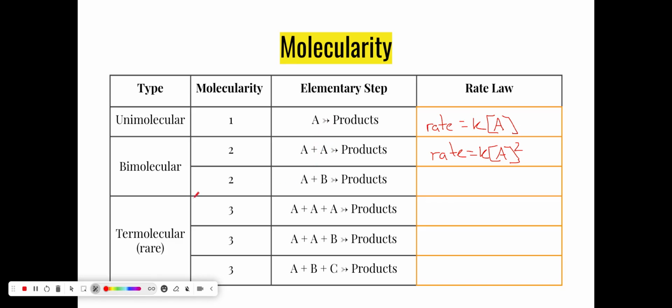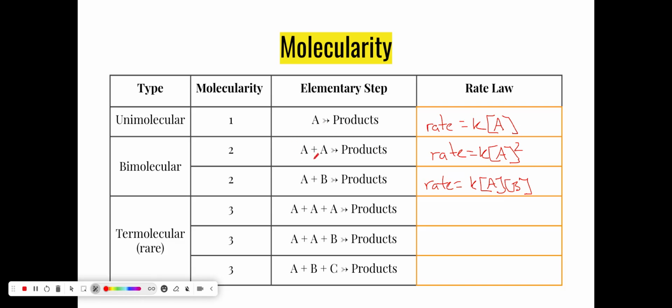Okay. Now, our next bimolecular reaction would be the rate is equal to the rate constant K times the concentration of A times the concentration of B. Notice that I haven't raised them to any power because there's only one A, there's only one B. Now, guys, these are the most common types of elementary steps, right?